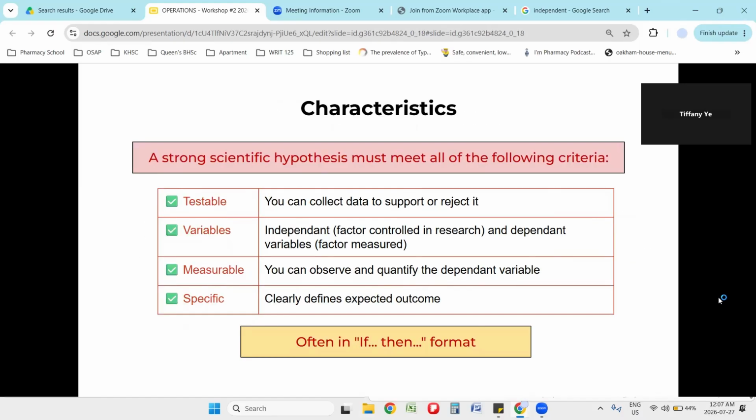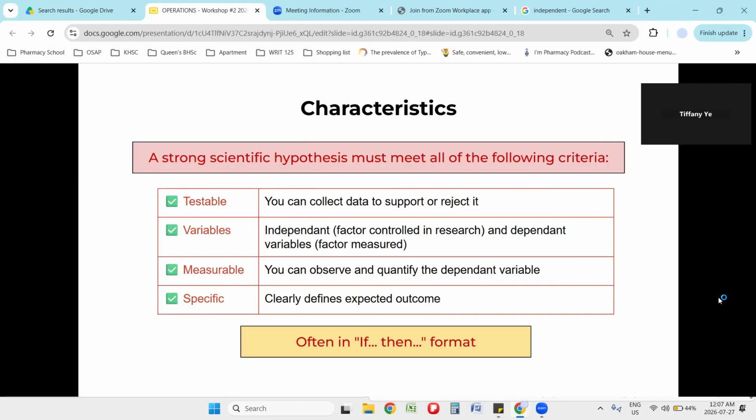And now we'll be looking at the characteristics of a hypothesis. So a strong scientific hypothesis should meet the following criteria. A hypothesis should be testable, meaning that you can collect data to support or reject it. It should have independent and dependent variables, which we'll touch on in the coming slides.